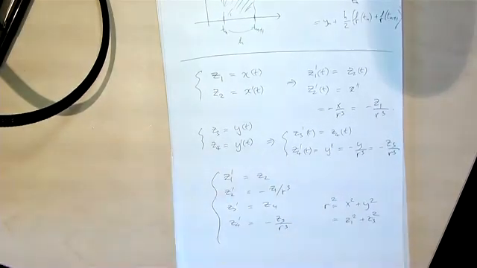Okay? So now you see that you have a system of first order ODE. On the left, you have only first order derivatives, and on the right, there are no derivatives.